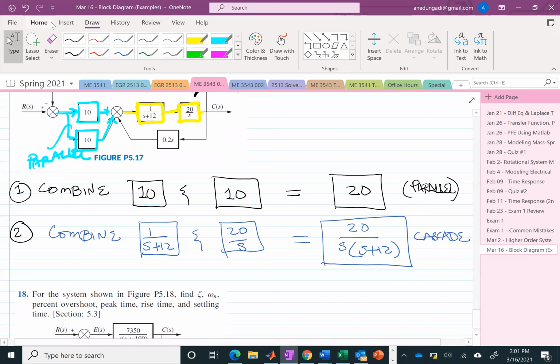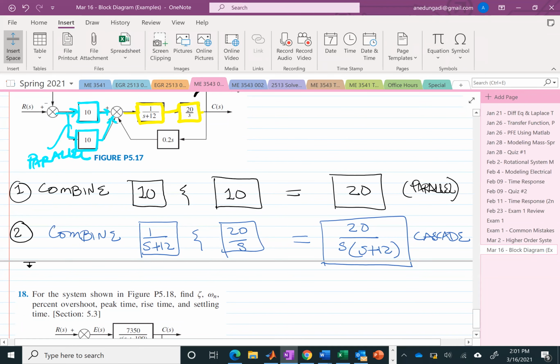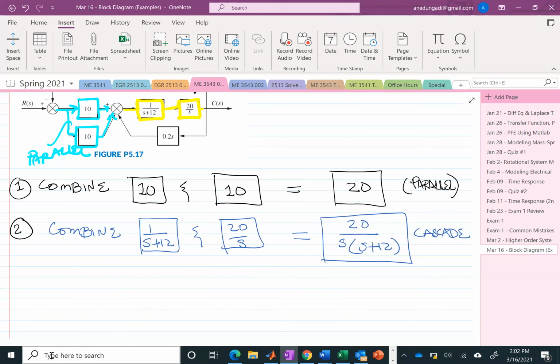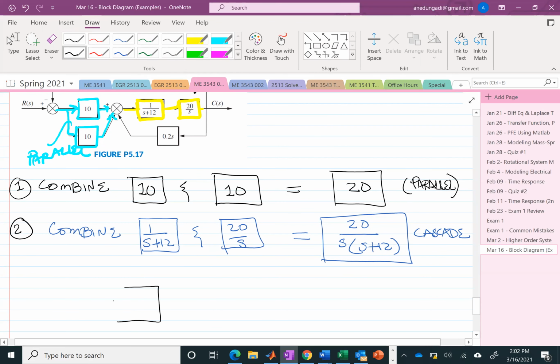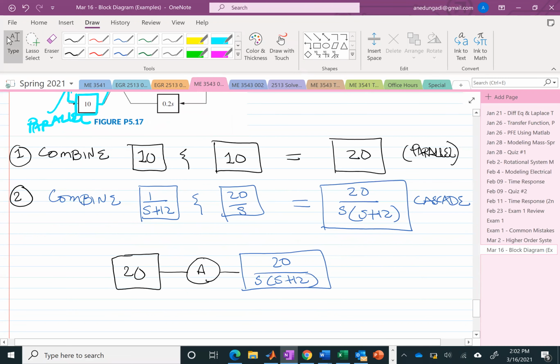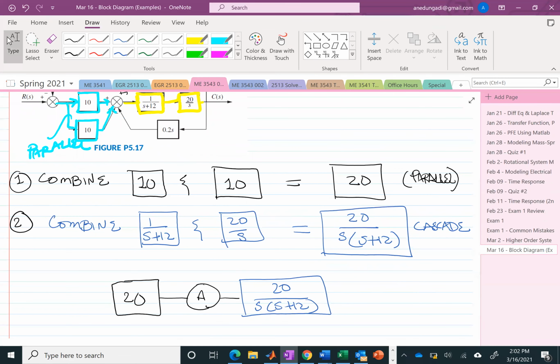Okay, so let's add some more space here. Okay, so we have the 20. Summation, the same summation, call this summation A if you want. This is A. And we have 20 over s plus 12. Okay. Then we have the feedback of 0.2s.